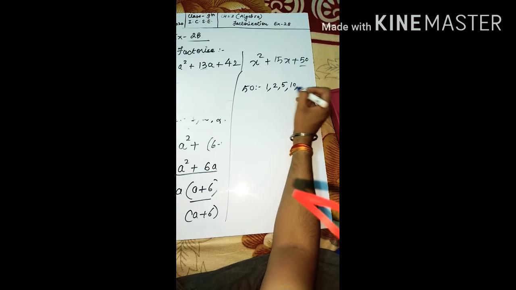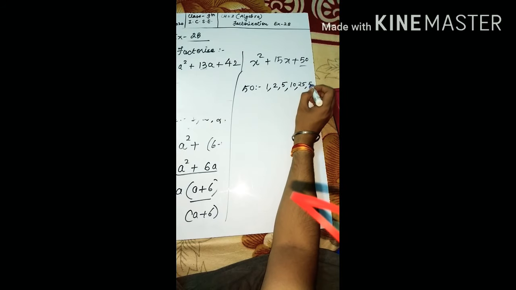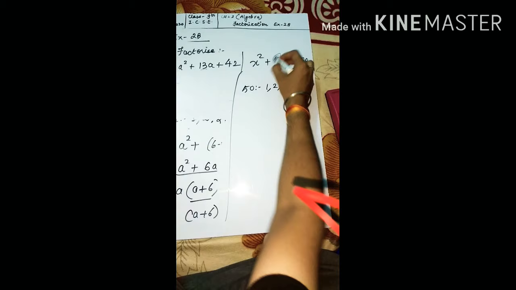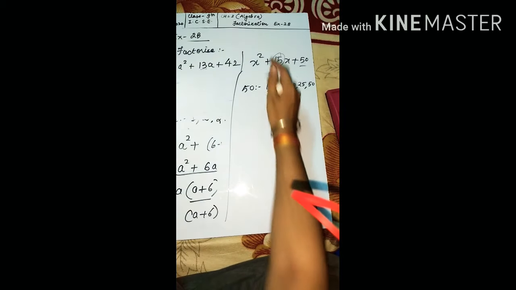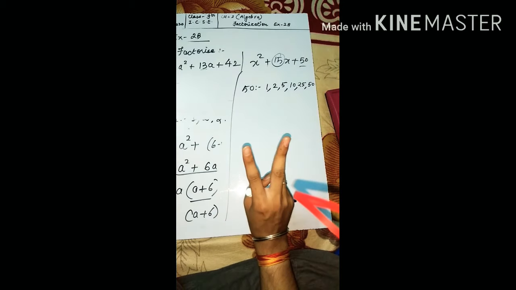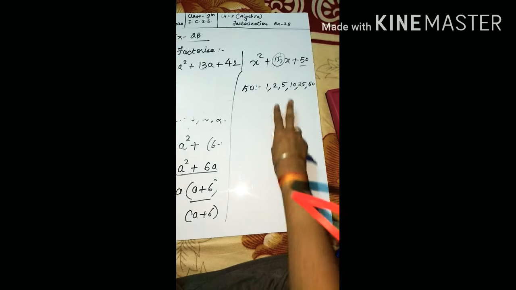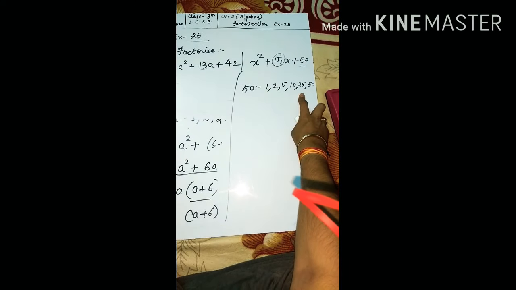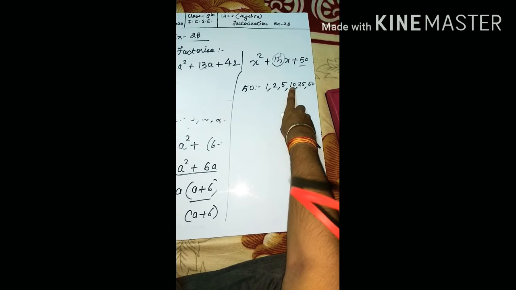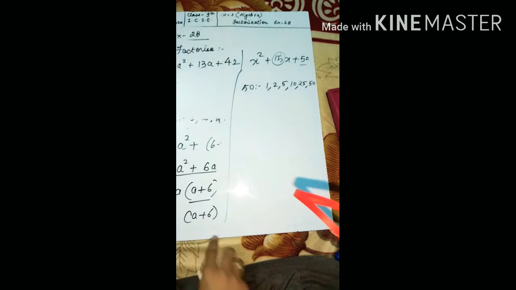Then 10. Then 25. Then 50. Now see 15. All are the positive case. You need to select two terms so that if you add you should get 15 as the answer. So can you tell me, if you are thinking of 5 and 10 then you are correct. Write 5 plus 10, multiply it and solve it by this.